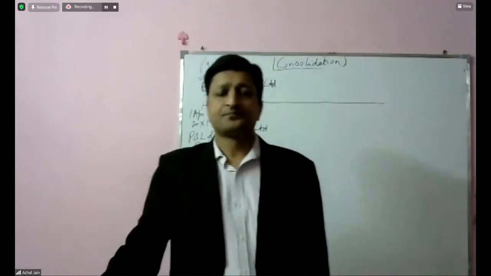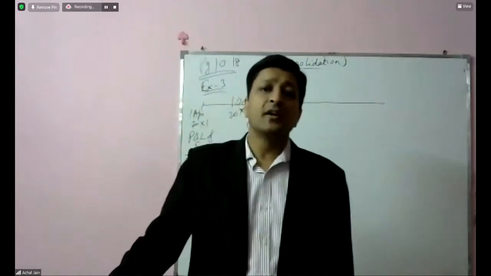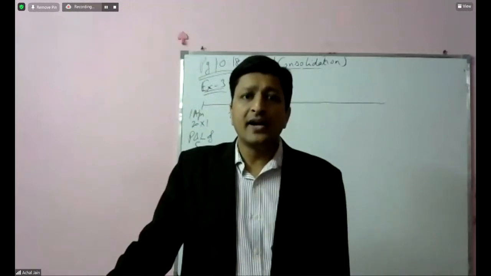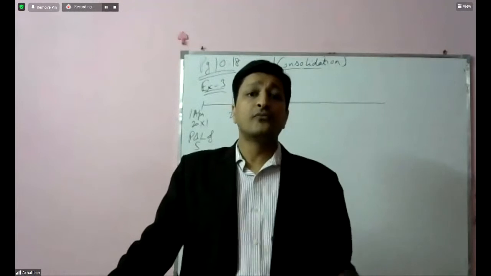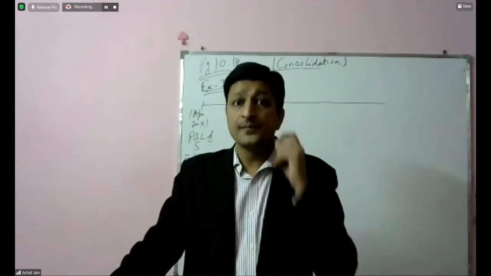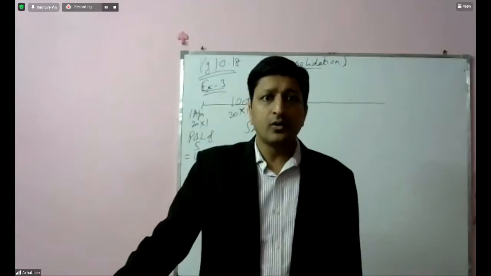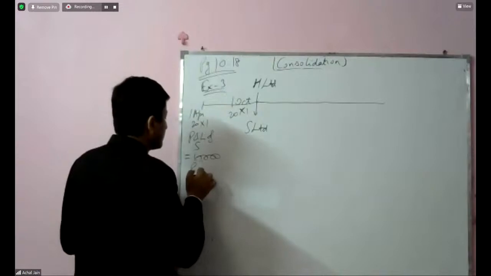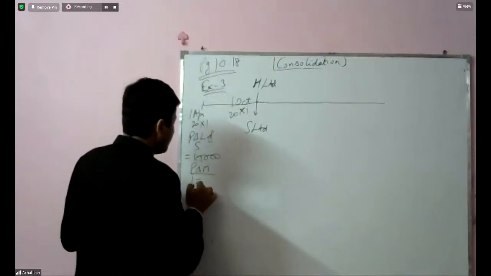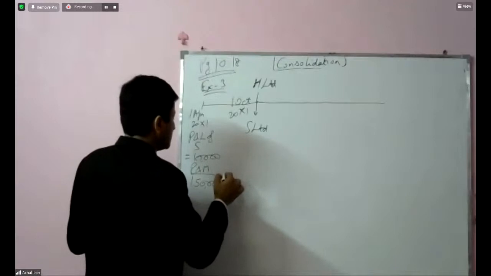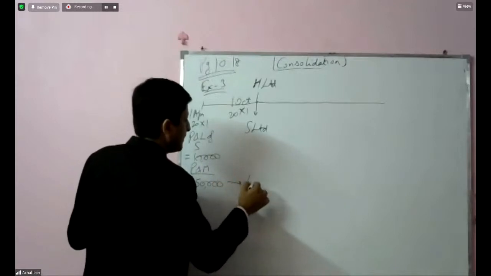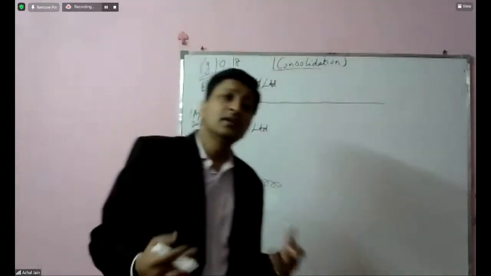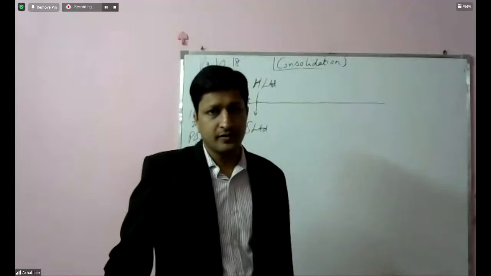Plant and machinery of S, which stood in the books at ₹1,50,000 on 1st of April, was considered worth ₹1,80,000 on the date of acquisition. Plant and machinery ₹1,50,000 on this date. So which means there was a revaluation of plant and machinery. Correct?